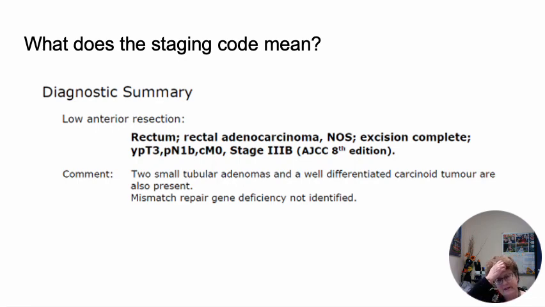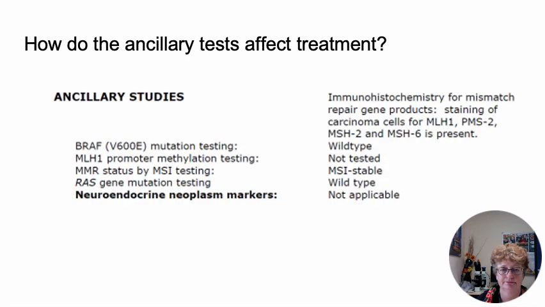And here we have that there were also 2 small tubular adenomas, a well-differentiated carcinoid tumor, and mismatch repair gene deficiency was not identified, meaning that this tumor probably arose through the APC pathway. And that will influence its treatment, as we will see in a couple of slides.